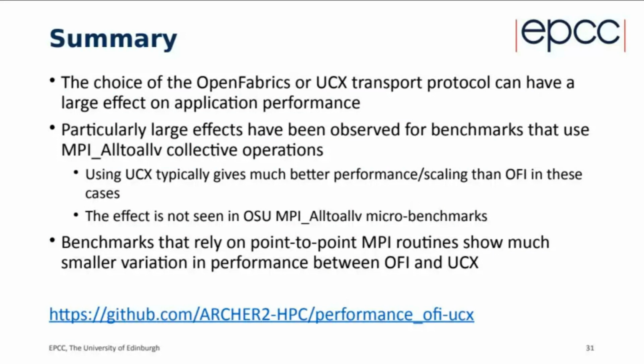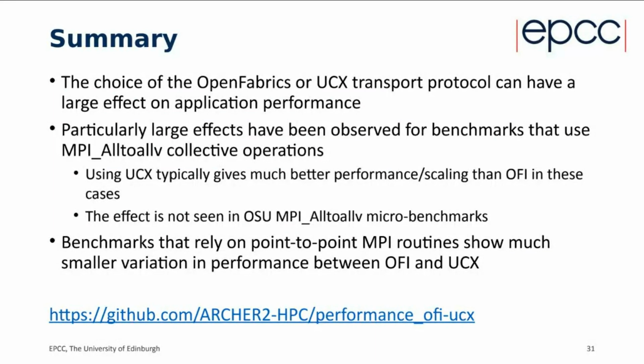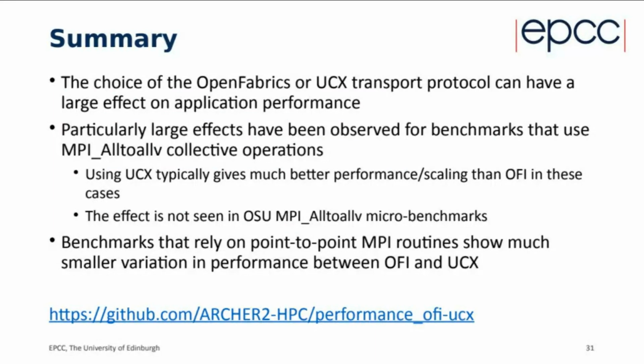So there doesn't seem to be a huge amount to gain if you're using those type of MPI routines in your code. It's typically if you're using collective operations where you can see the difference between OFI and UCX. And I'll put the link there again to the repository that contains all these results.